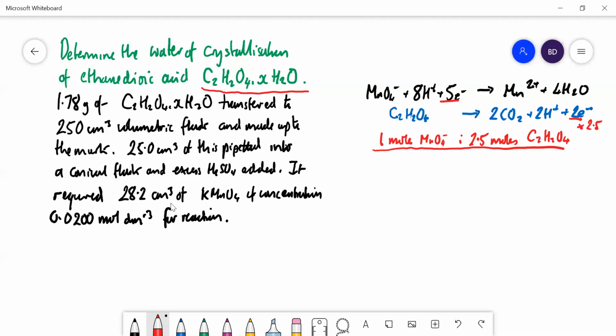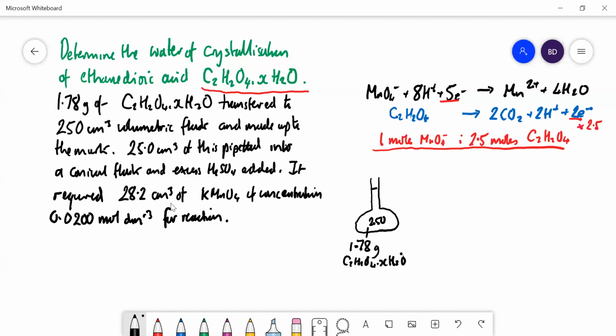Okay, now let's draw some little diagrams to see what's going on there. So what have we got? We have got a 250 volumetric flask, and we put in there 1.78 grams of the hydrated crystals of the C2H2O4.